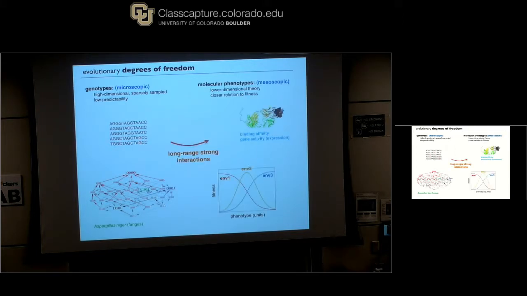The other version would be, let's try to do some sort of projection from genotype space to a phenotype space. Let's say we discuss binding energy as a phenotype, but you can think about gene expression level as a phenotype, protein-protein interaction as a phenotype, and you can also characterize fitness as a function of the phenotype. But then you need to know how evolution projects into the phenotype space to then characterize the dynamics.